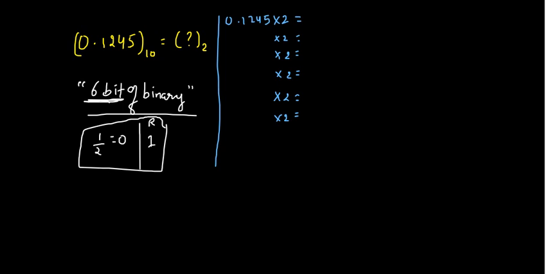So let's start. The first one we are going to get is 0.249. Now multiply 0.249. Don't worry about these things, I have just removed the 0 here because it will not make much sense.